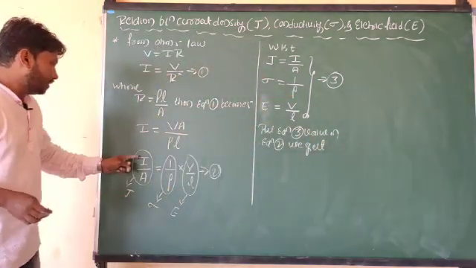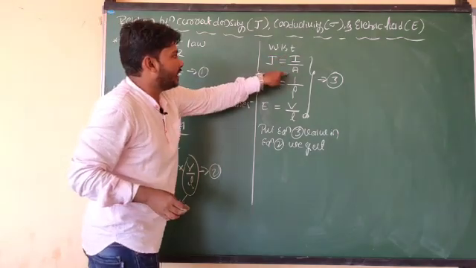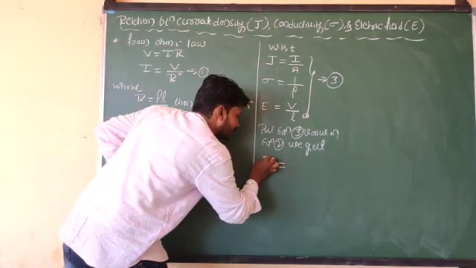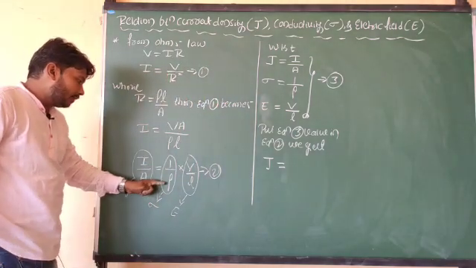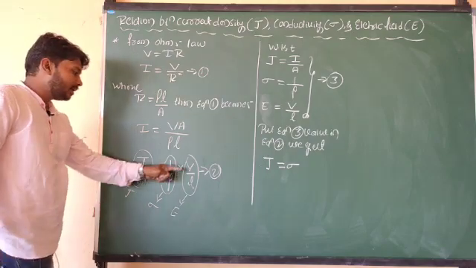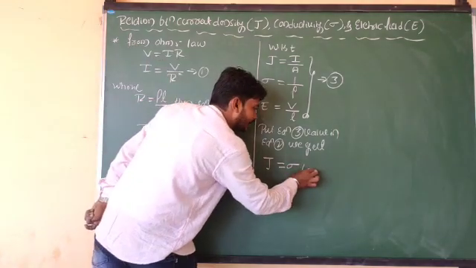So from equation 3, I by A is nothing but J, 1 by rho is nothing but sigma, and V by L is nothing but the electric field.